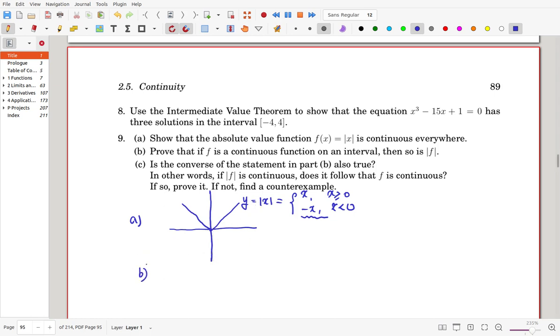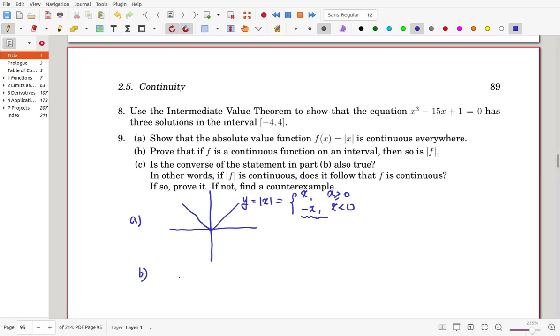Now part B: prove that if f is continuous on an interval, then so is the absolute value of f. That means we start with this assumption. We assume this one, and we want to prove that the absolute value of f is continuous.